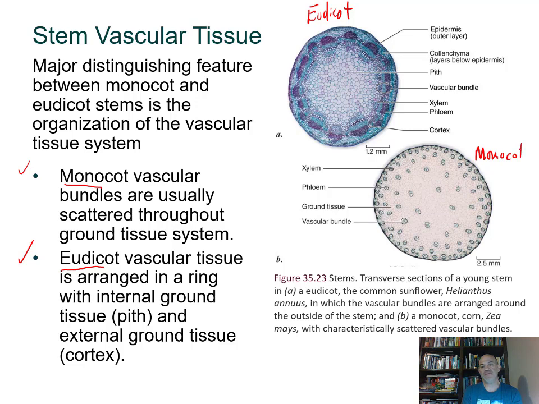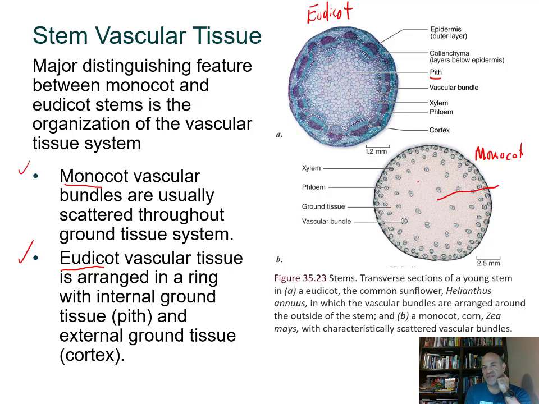So the monocot here, there's going to be a big difference. First of all, you're going to see that the tissue found in the center is a ground tissue, but they refer to that area as the pith, so it's made of ground tissue there. And you can see ground tissue here as well within the monocot.